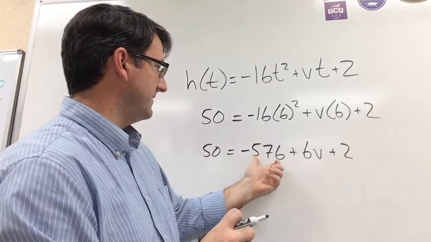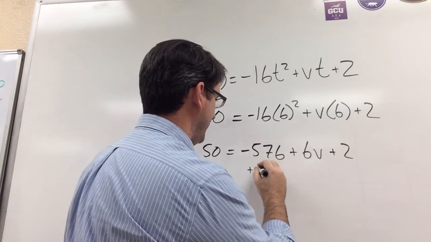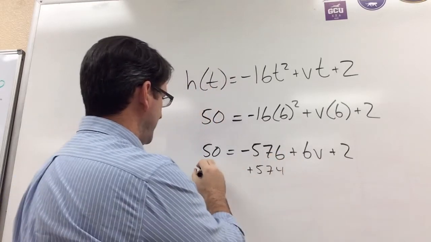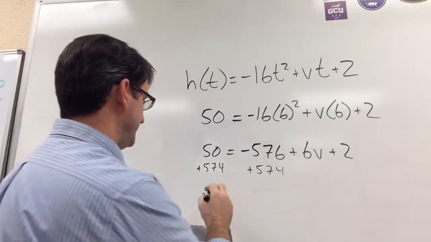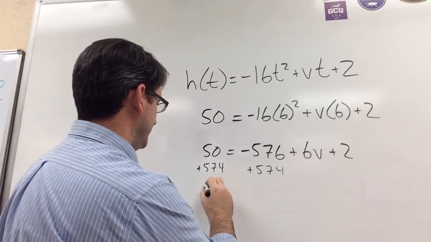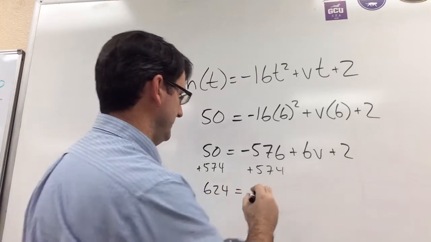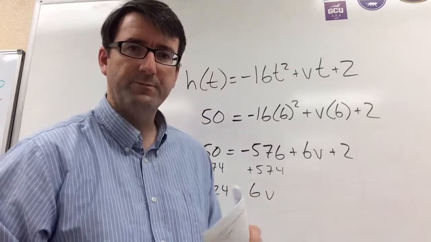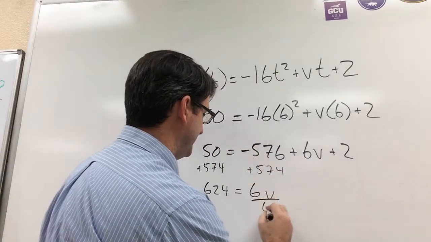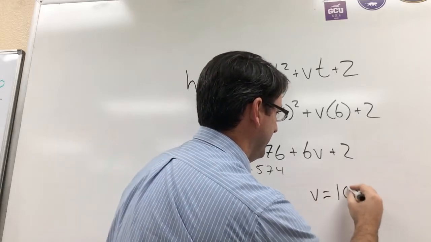We want to move that over here, so let's add 574 to both sides. And over on this side, we're going to get 624 is equal to 6v. Then divide by 6, and we get that v equals 104.